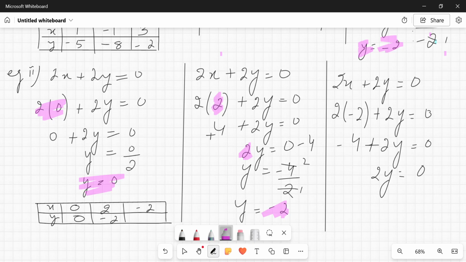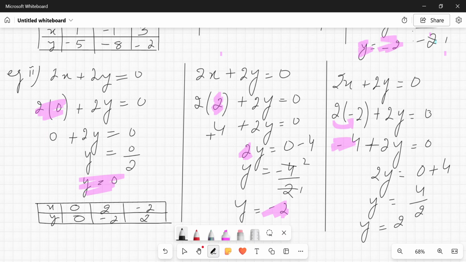This one is minus because 2 times negative gives you negative 4. So be careful. Minus 4, shift over there, it becomes plus 4. So y is equal to 4 divided by 2. So y is equal to 2. So when I took minus 2, your y value is 2.